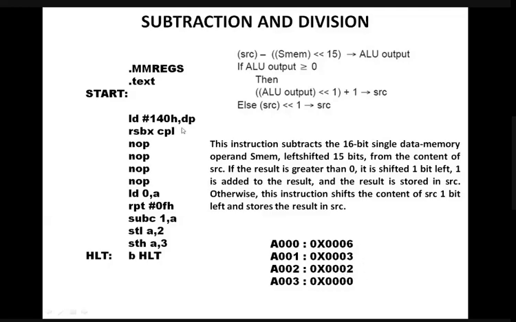So here what we have to see is we are loading the data pointer with 140 because, for convenience, we are using the same address A000. And LD 0, A: load the 6 into the accumulator and repeat the next instruction 15 times. RPT 0FH means repeat the next instruction 15 times. Something like that we need to understand.